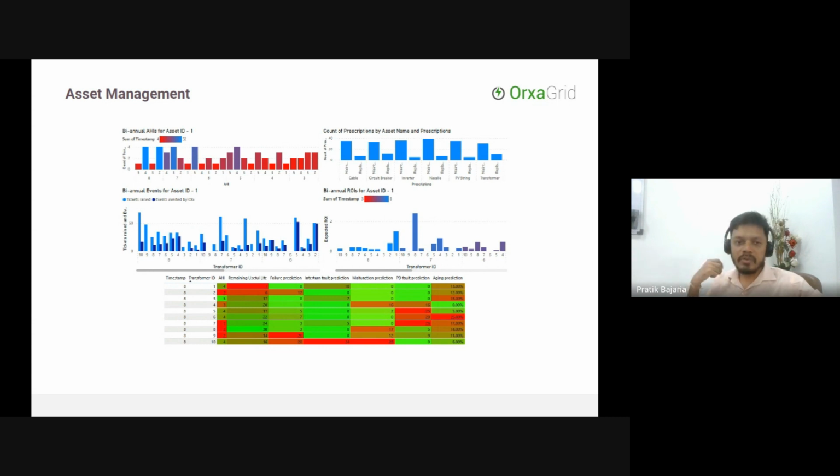When it comes to CXO level people who are trying to quantify how the project has gone across the reduction in OPEX, this is the place where we make them realize how beneficial the OrxaGrid solutions are. It's not just beneficial. If the utility is seeing it from the perspective of any solution, it would be readily seen in black and white from these dashboards.